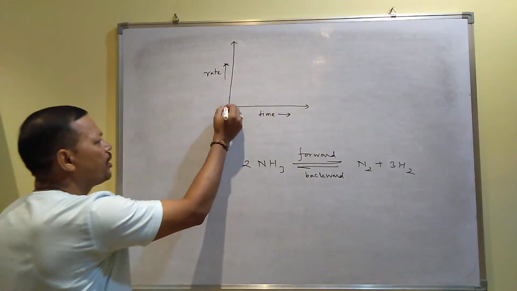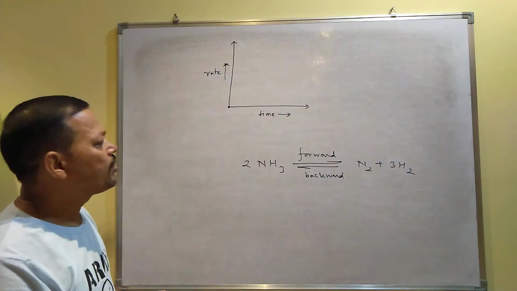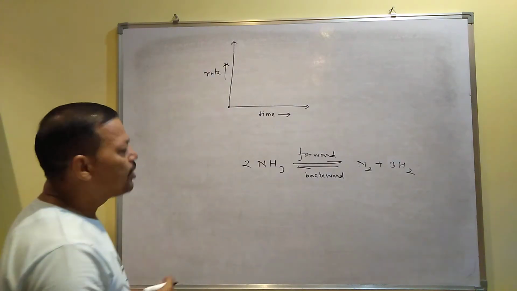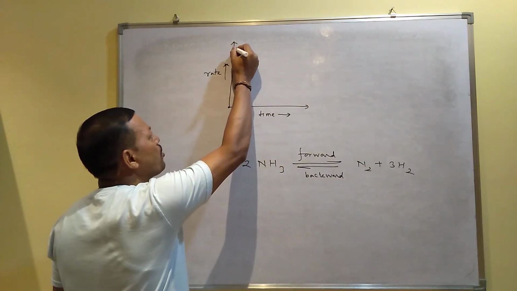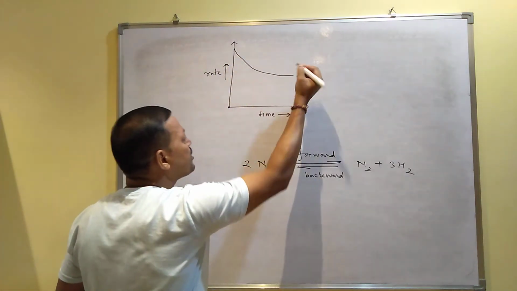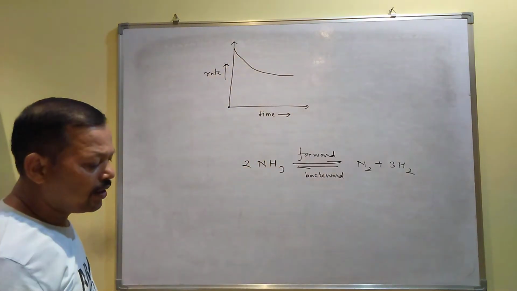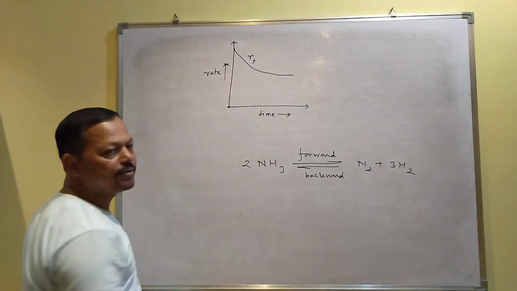See, when the time is 0, at the starting point, which reaction will take place? Forward direction will take place. So at the beginning, the rate of forward reaction is more, but as time proceeds, the rate of forward reaction goes on decreasing like this. This is for the rate of forward direction, RF.